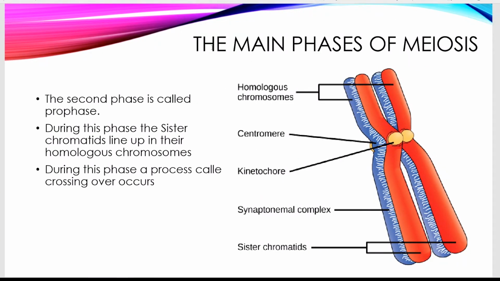The second phase is prophase. During this phase, the sister chromatids line up with their homologous chromosomes. Each one of your cells will have 1 copy of a chromosome from your mother and 1 copy of a chromosome from your father. So in this case, the red is 1 copy, let's say, from the mother, and the blue is a copy from the father.